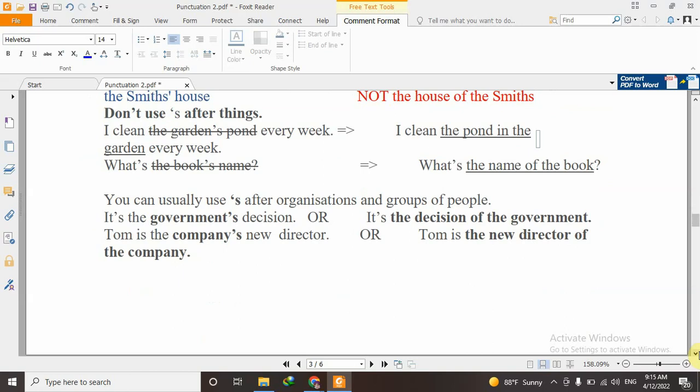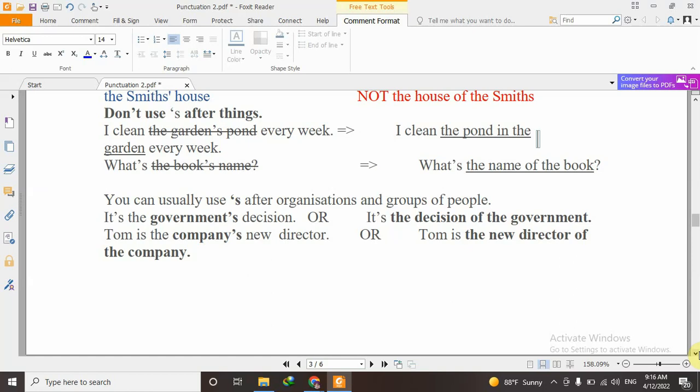But we can usually use the possessive 's after organizations and groups of people. For example, it is the government's decision. A government is not a non-living thing. You know why? Because when I use the word government, I use the pronoun "it", but in its meaning, who is ruling the government?